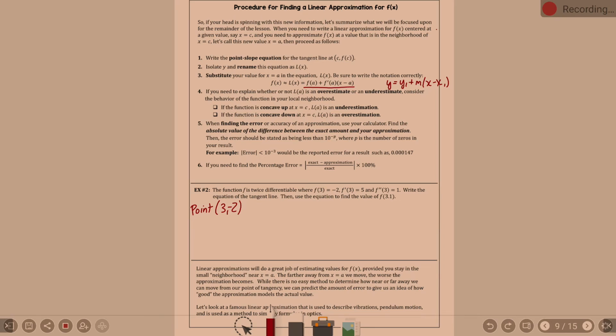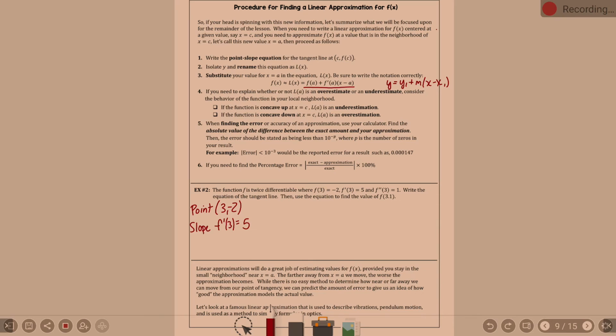What does f prime of 3 equals 5 tell me? Okay, so we know the slope at 3, the slope at that same point is 5.